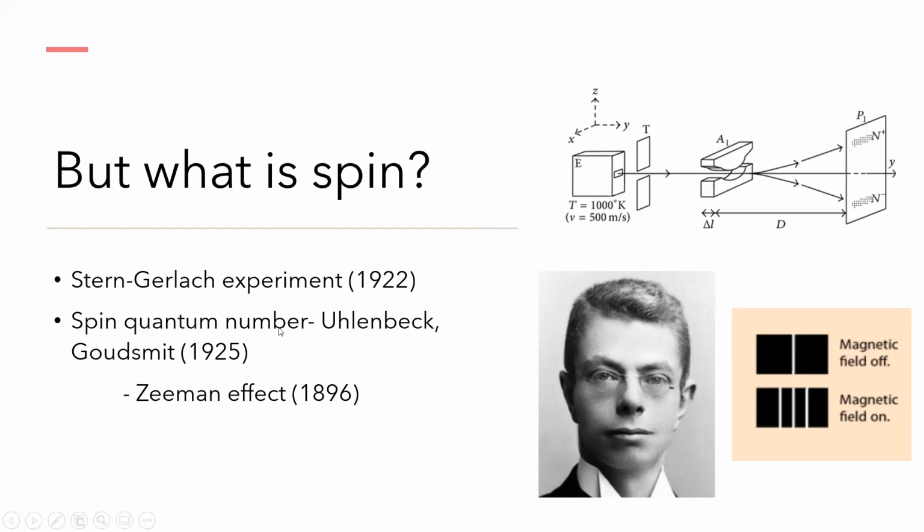And then later, in 1925, Uhlenbeck and Goudsmit were studying the Zeeman effect. The Zeeman effect was discovered by Peter Zeeman, and named for him, in 1896. He observed the splitting of spectral lines during the n=3 to n=2 emission of hydrogen in the presence of an external magnetic field.